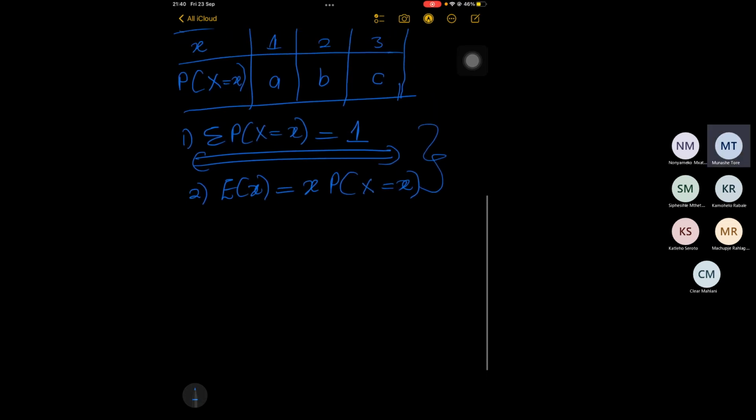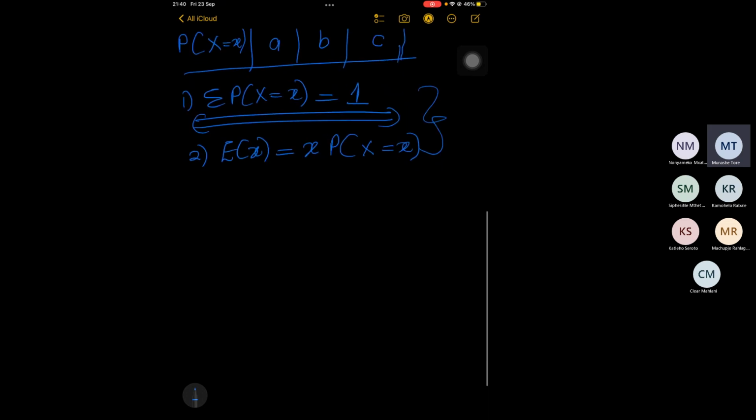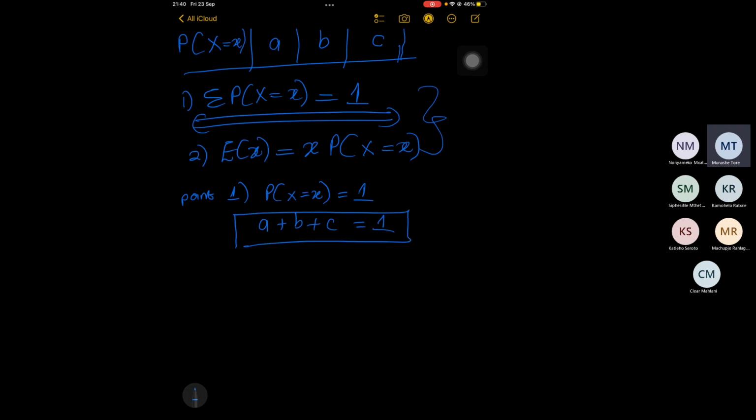So on the basis of these two properties that we just gave here, with respect to 0.1, we said the sum of probabilities of X equals x is equal to 1, isn't it? So what it means is A plus B plus C is equal to 1. This is what 0.1 means.